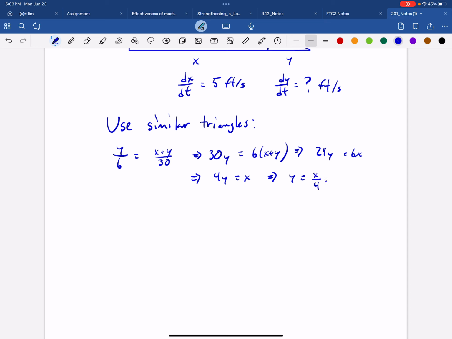And the reason for this is because we're solving for dy over dt. So we want to solve for y because we're going to implicitly differentiate.